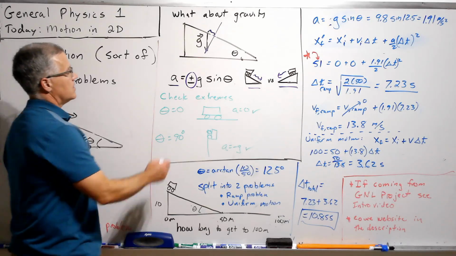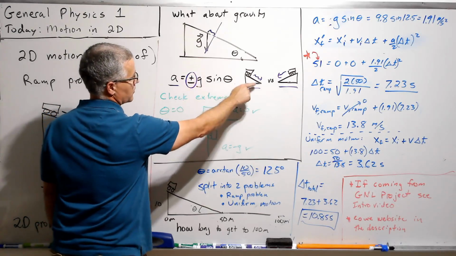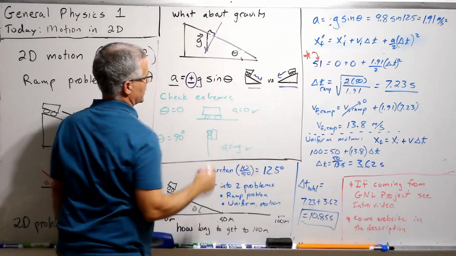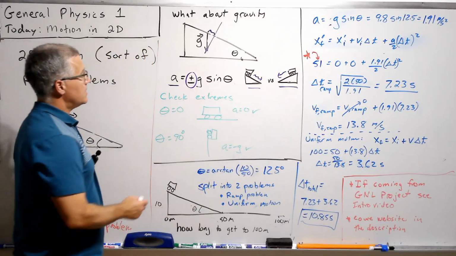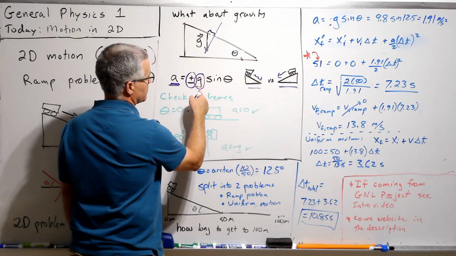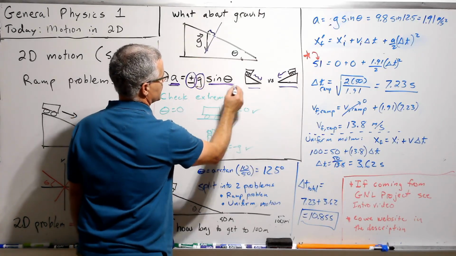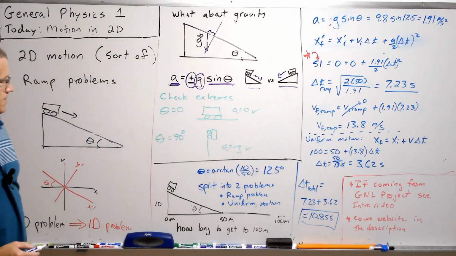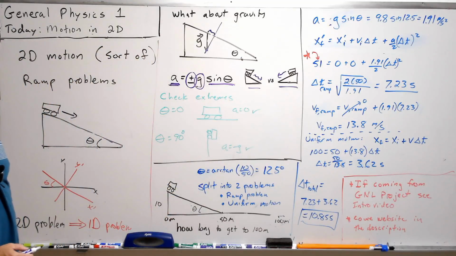Thus, the plus or minus will depend on whether we draw the ramp this way or this way. And then the magnitude of this will just be our 9.8 meters per second squared times sine of that angle. So we use our trigonometry to figure out the gravitational component along the ramp.